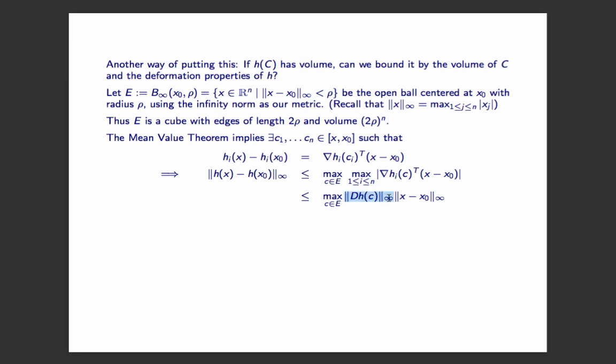In other words, let me find the point where the derivative is largest in magnitude. By the way, the infinity norm of a matrix is just the induced operator norm. In other words, it's the max value of D times a unit vector in the infinity norm.